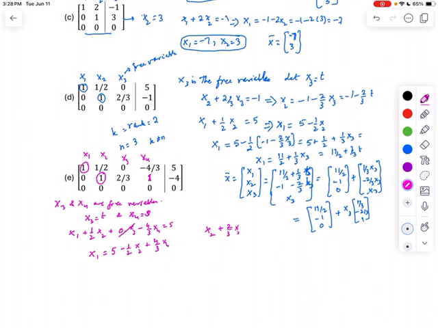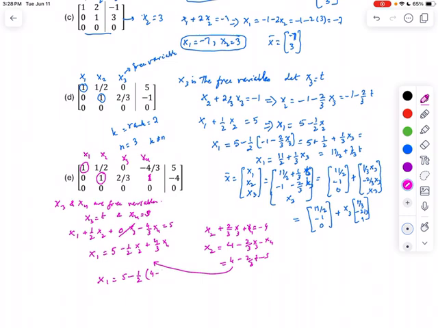Okay, so let me write x2 plus 2 over 3 x3 plus 1 x4 is equal to 4. So x2 is equal to 4 minus 2 over 3 x3 minus x4, or x2 is equal to 4 minus 2 over 3 t minus s. Now we have to take this and plug it in here.